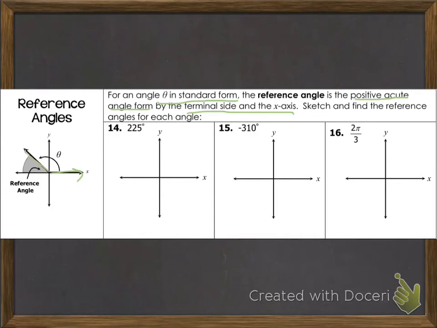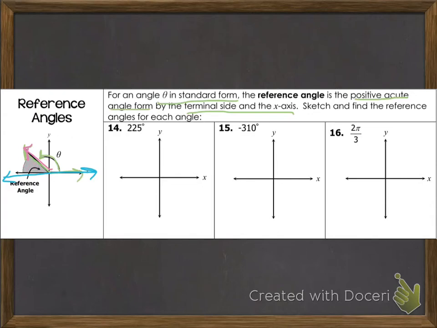So if this is our terminal side and this is the angle that's being opened up, the reference angle is the angle created by our x-axis going this way and our terminal side right here. Let me do that in a different color. Let's do it in pink. There we go. So it would be this angle right here in between the terminal side and the x-axis, and it can go pretty much in either direction.